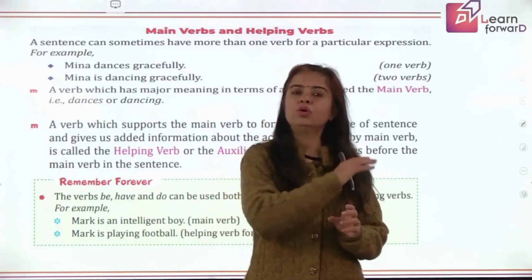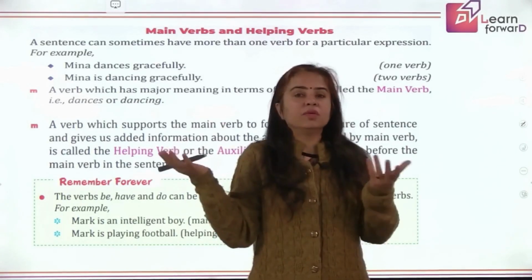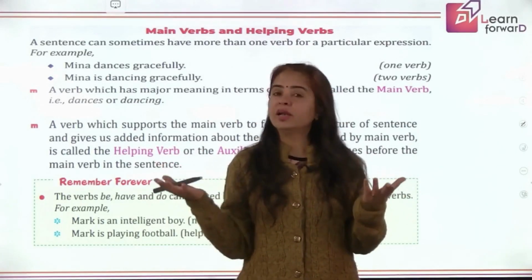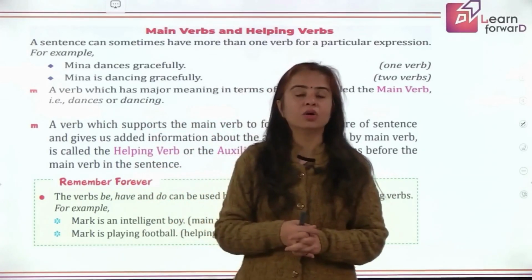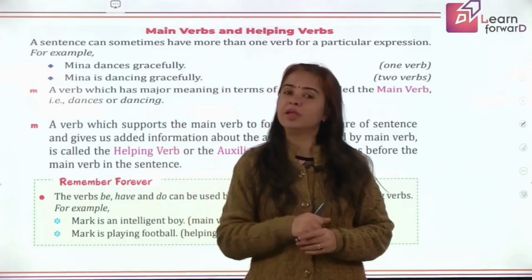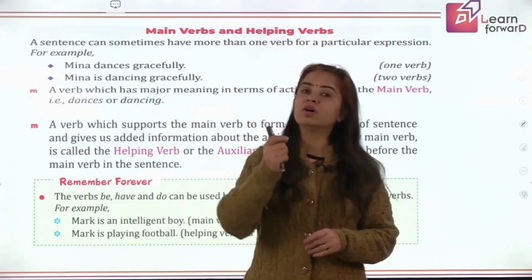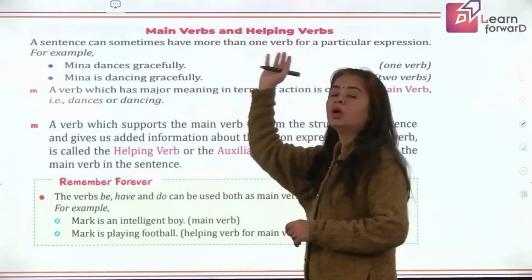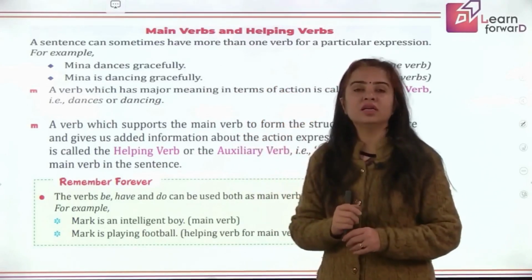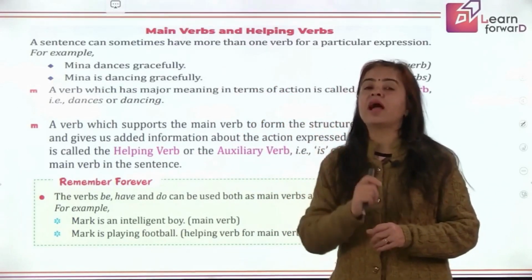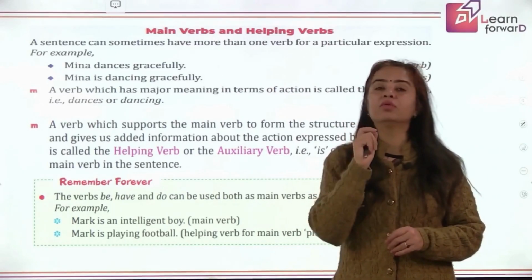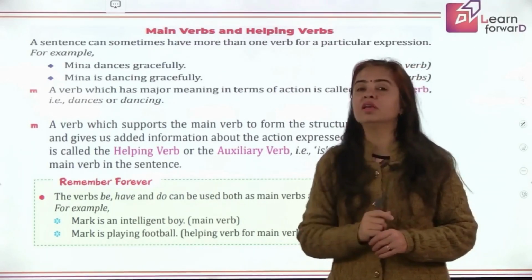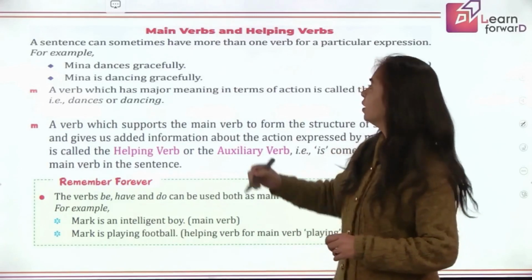But if you don't do anything, the other person is doing, where is the help gone? It's not helping. The other person has taken your place now. So he or she is the main doer, right? So a verb can be helping only when there is another main action which is going on, right? So remember that a helping verb is there only when there is a main verb, right?